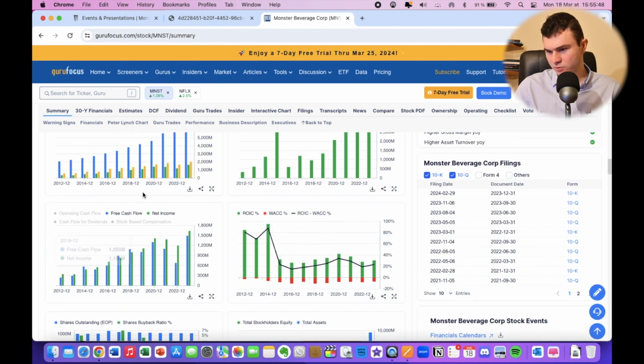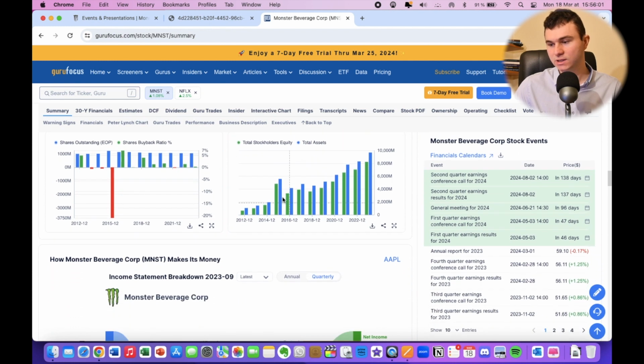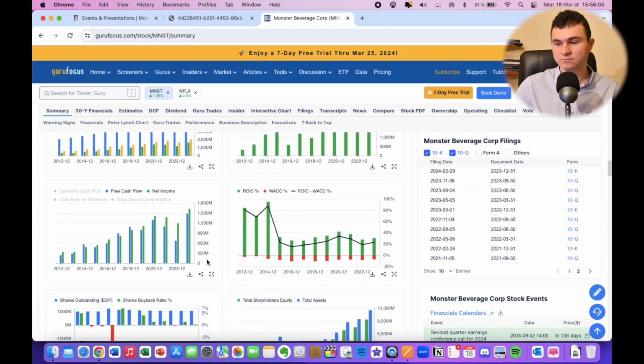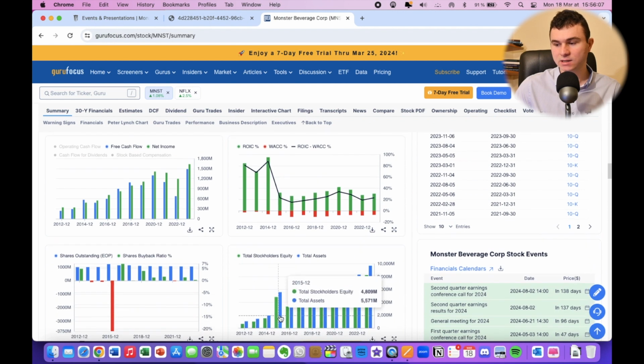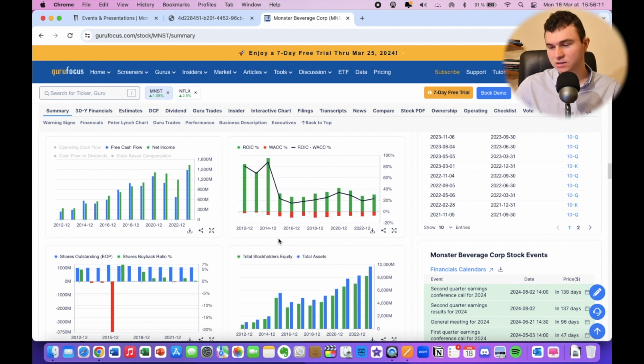And do we see a good increase in revenue in 2015? No. We just see that there is less cash. So maybe with the cash they had, they bought something which increased the assets. And because the assets increased, the return on invested capital decreased. I think that's how it works.